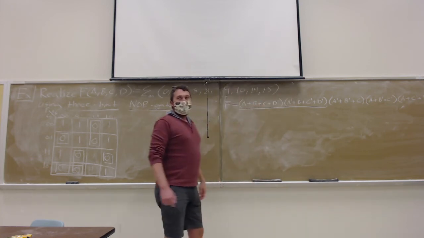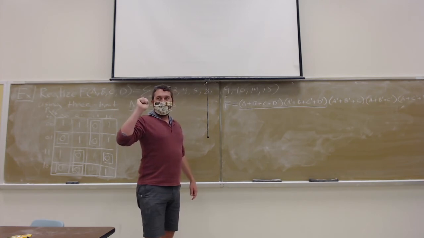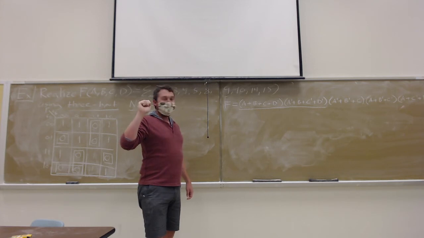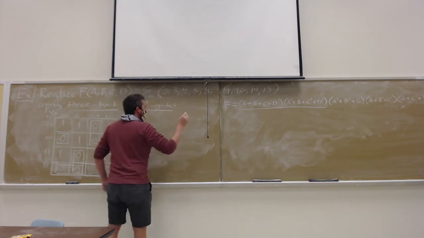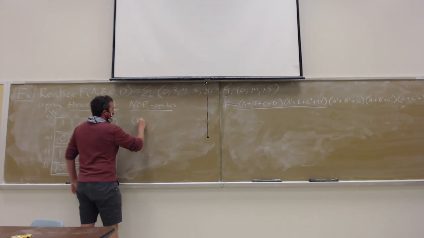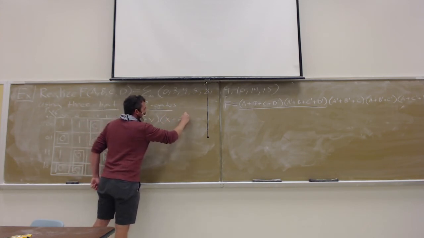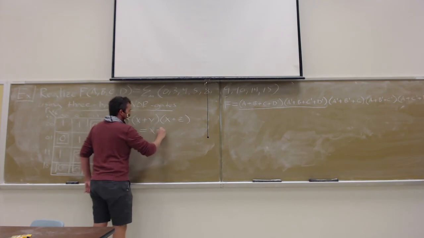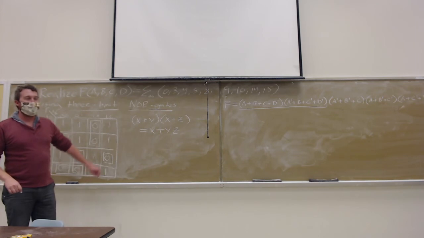You can use D or D prime and A or C or A prime or C prime. You're on the right track. So the formula, remember this: x or y, and x or z, is equal to x or yz. This is the formula we want to use in these cases.